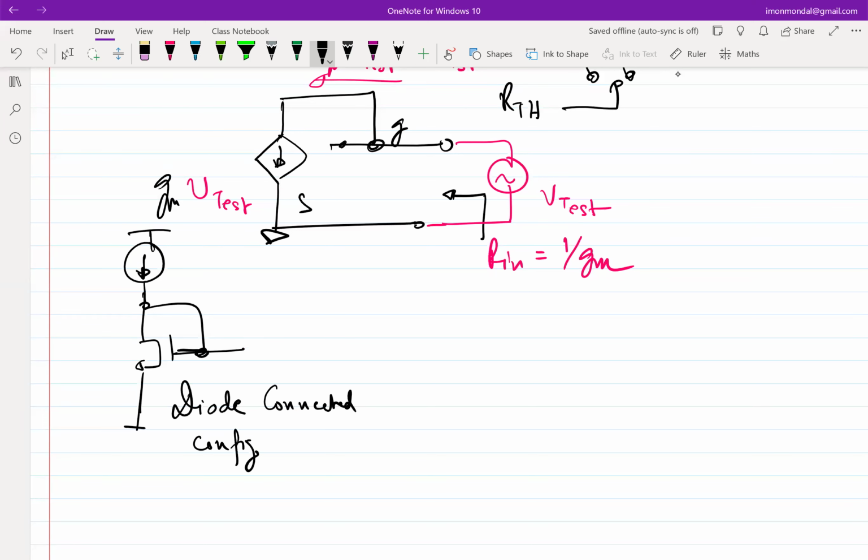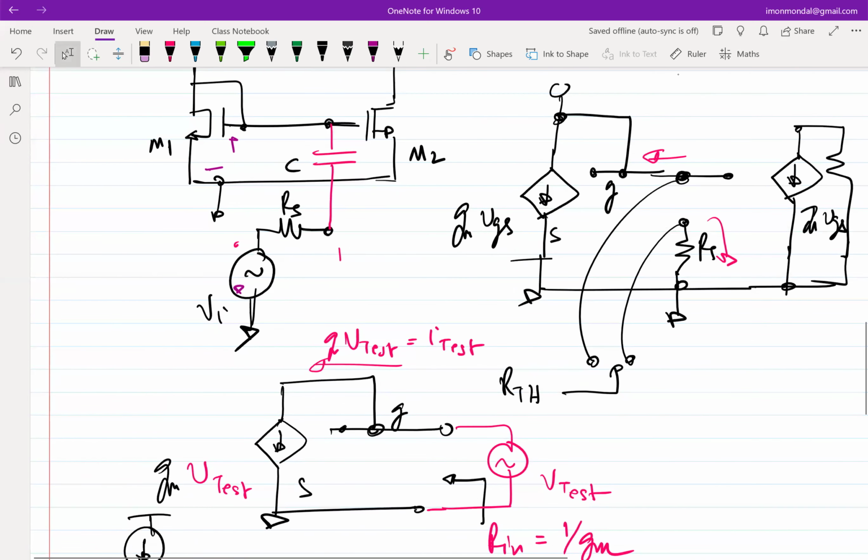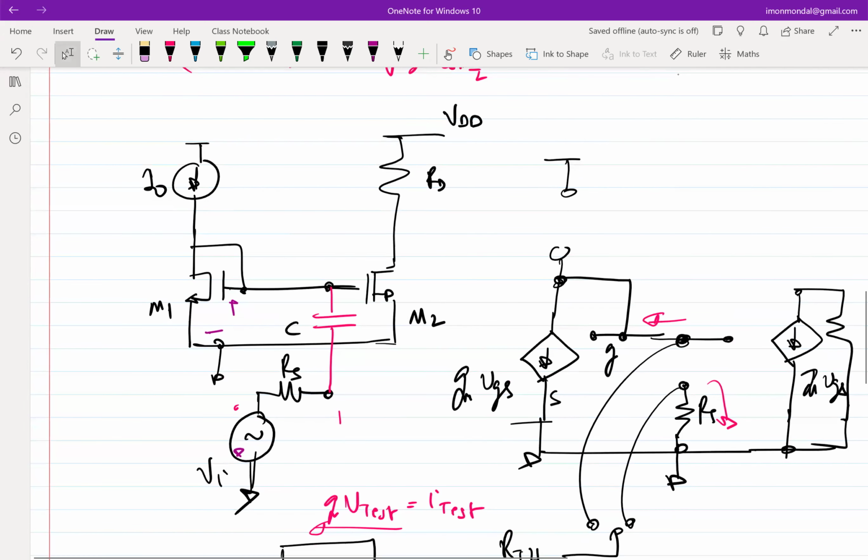In a diode-connected configuration, the impedance looking in is 1 over gm. This is a very handy thing to remember. We can use it multiple times as is, instead of sketching the full network. Okay, so now let me go back to the original circuit.